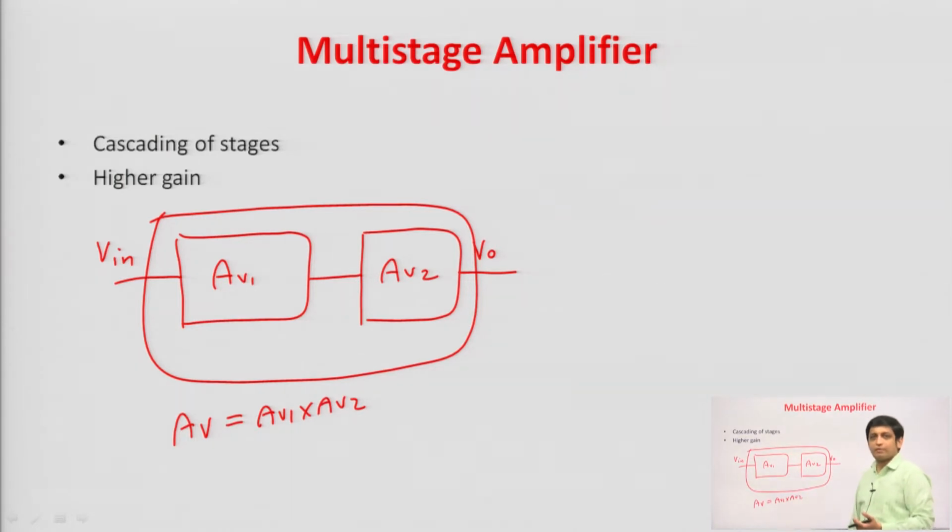Similarly, for 3 stage amplifier and for 4 stage amplifier and more than 4 stage amplifiers, we can get higher gain, right. But normally we are limited to 2 stage amplifier, 3 stage amplifier or up to 4 stage amplifier, because as the number of stages increases, the number of comparable poles and zeros also increases, and that is a great threat to the stability, and at the same time the bandwidth is also reduced for the higher stage amplifiers.